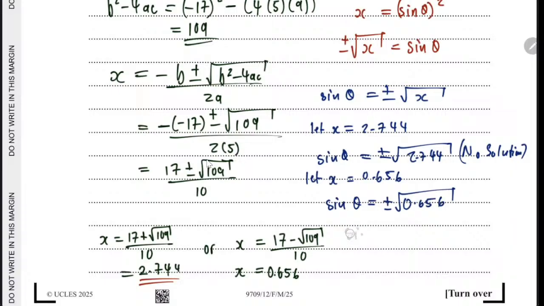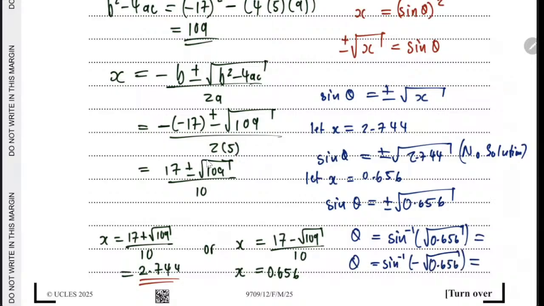You can now say theta is sine inverse of root 0.656, which is, or you can say theta is sine inverse of negative root 0.656, which is, what are the two solutions? What are the two solutions? 54.1, and then the other one, negative 54.1 degrees.